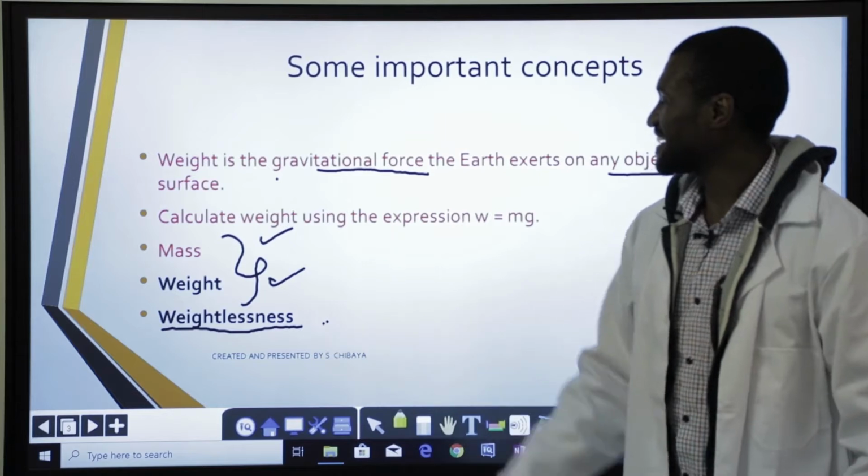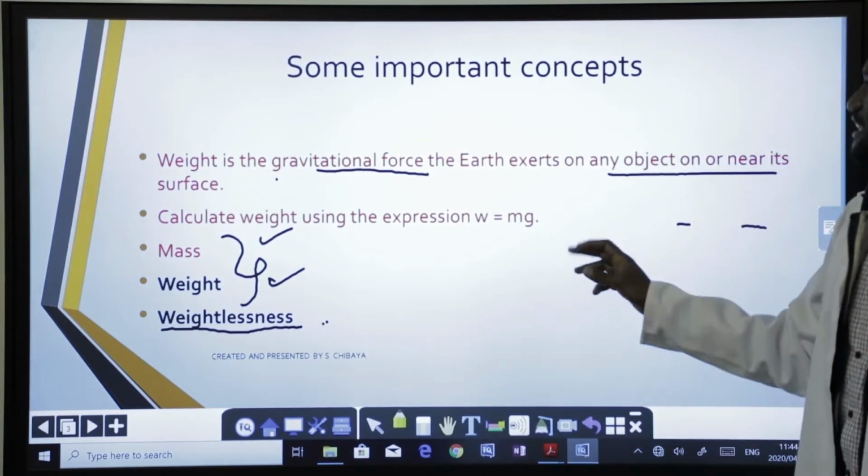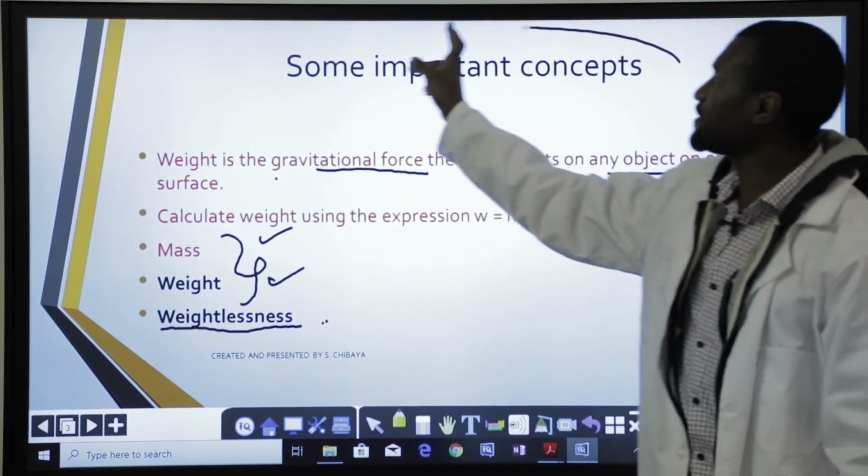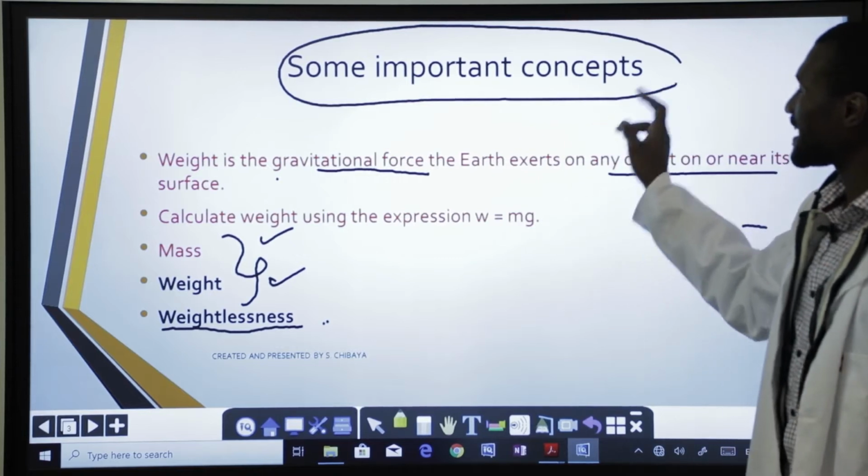That is a state that we can define as weightlessness. These very important concepts are highlighted in your exam guideline, and they are also part and parcel of our workbook that you can refer to, the Revolutionary Science Workbook 1, which was written by Norman Muvoti and Timothy Sibeko.